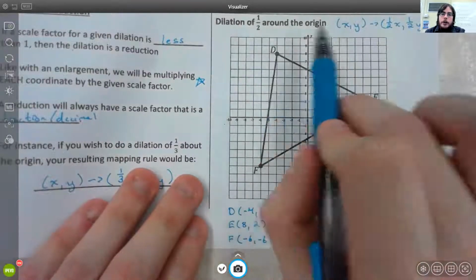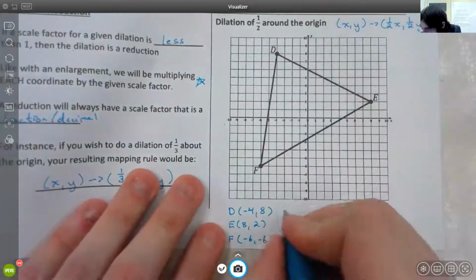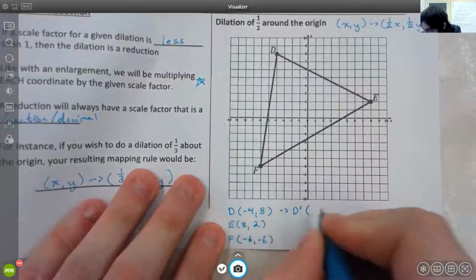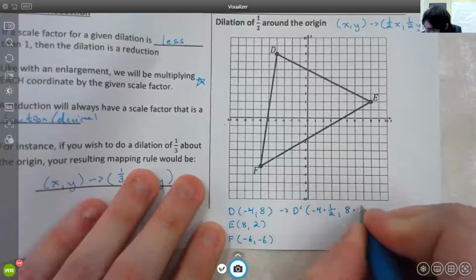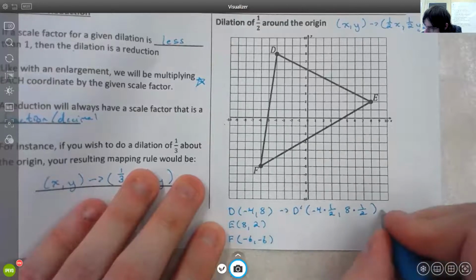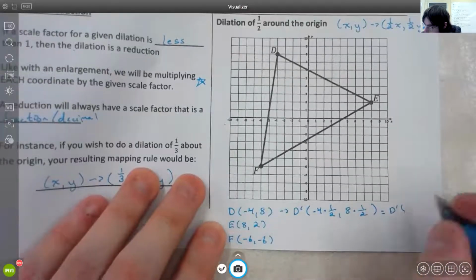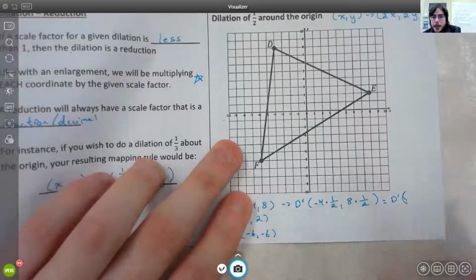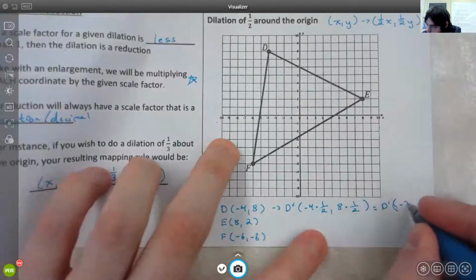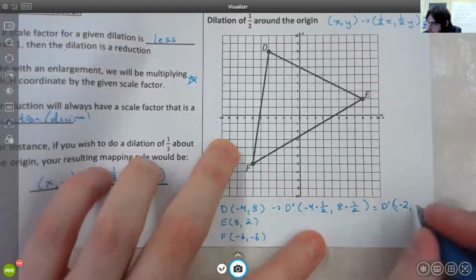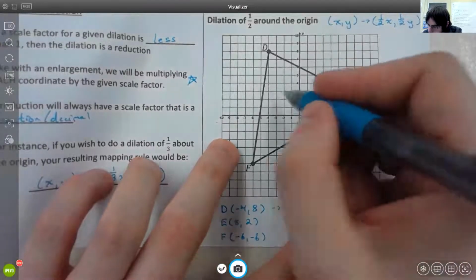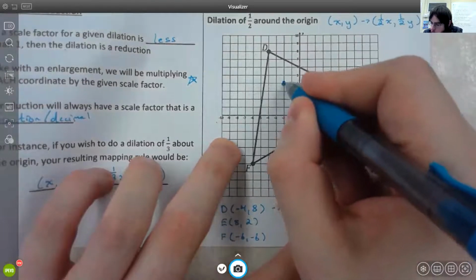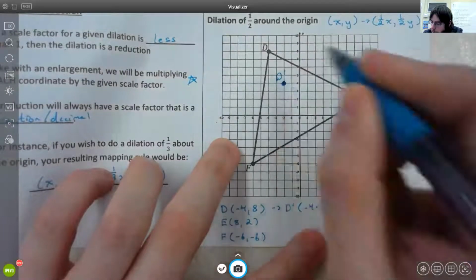To get D prime, we take -4 times 1/2 and 8 times 1/2. -4 times 1/2 is -2, and 8 times 1/2 is 4, so D prime is (-2, 4).